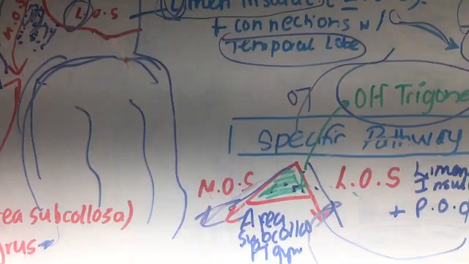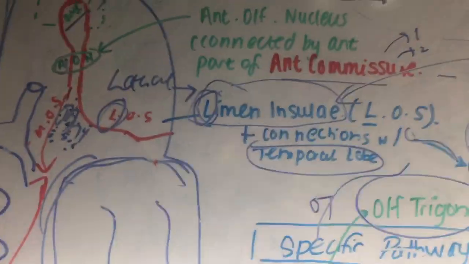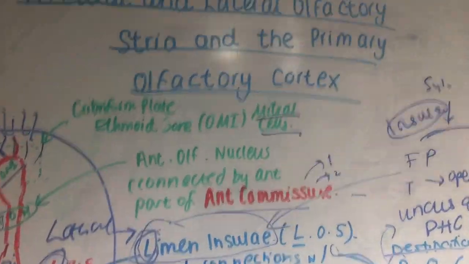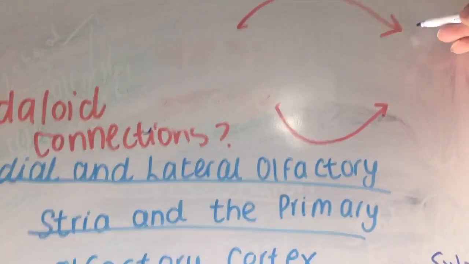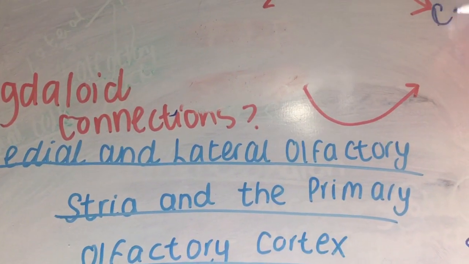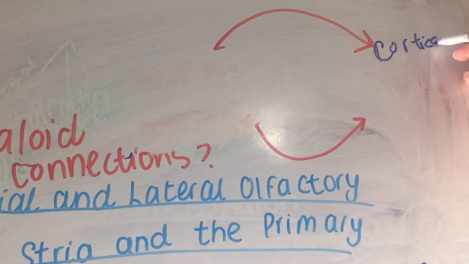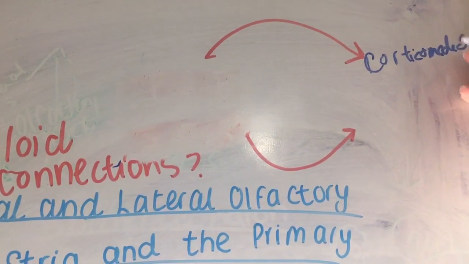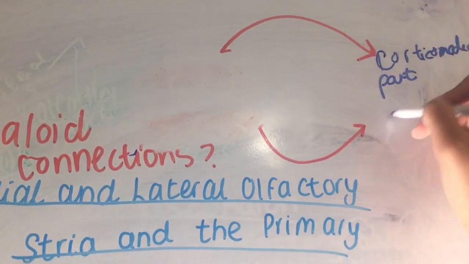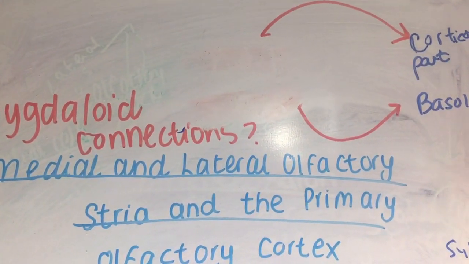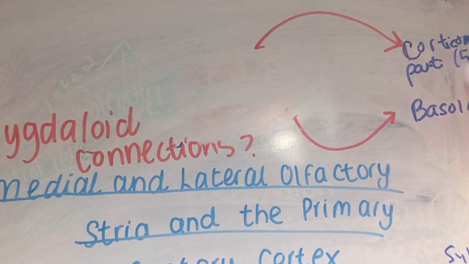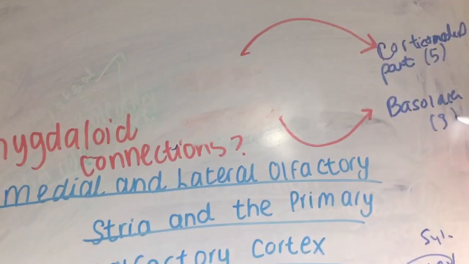Now, before moving on, I also want to quickly discuss the amygdaloid connections. The amygdaloid had a cortico-medial part and a basolateral part. I remember the cortico-medial actually had 5 parts and the basolateral part had 3 parts.